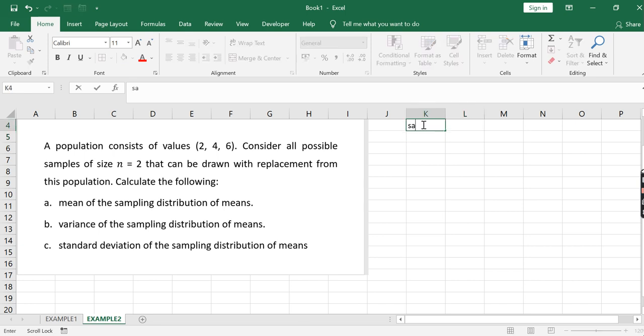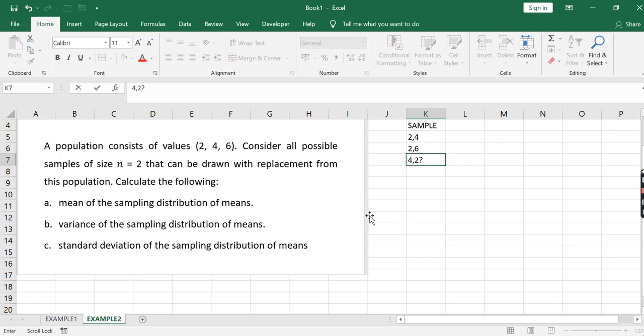So let's list down the possible samples. First sample is 2, 4. Next is 2, 6. How about 4, 2? Can we write 4, 2?